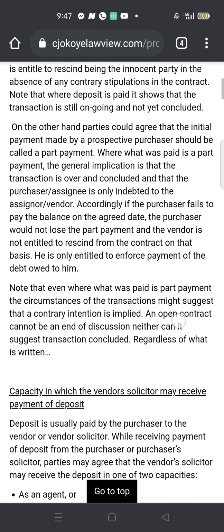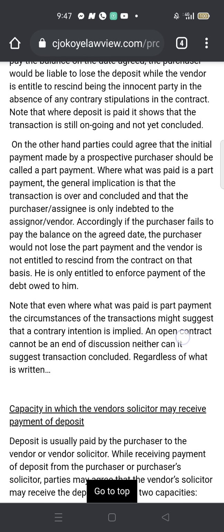So now, on the issue of part payment, this simply means the opposite of deposit payment. In other words, in part payment, once a purchaser of land makes a part payment, it means that the transaction is concluded, and what is expected of the purchaser is to pay the balance owing the vendor on the agreed date.